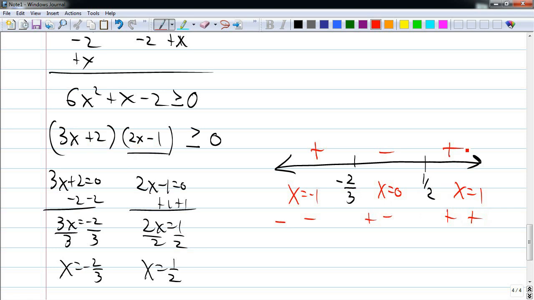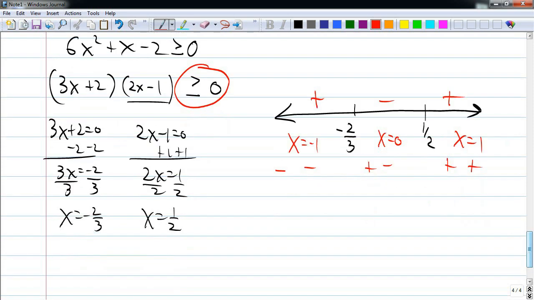So this expression is positive for all x's less than -2/3. It's negative for all x's between -2/3 and 1/2, and it's positive for all x's greater than 1/2. I want it to be greater than 0, so I want the positive intervals, of which there are 2.